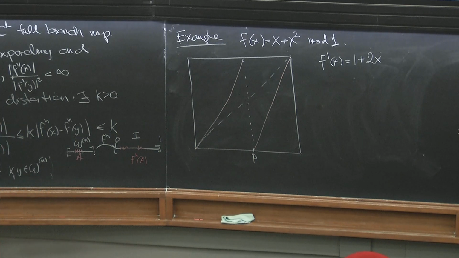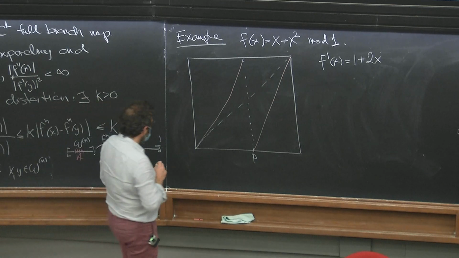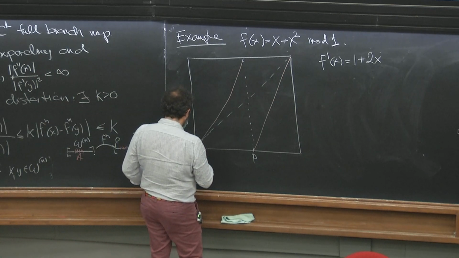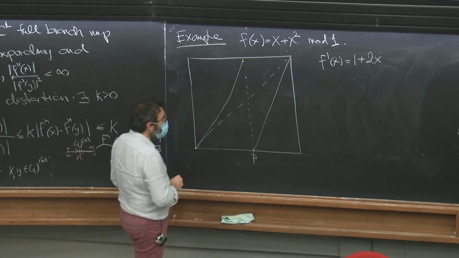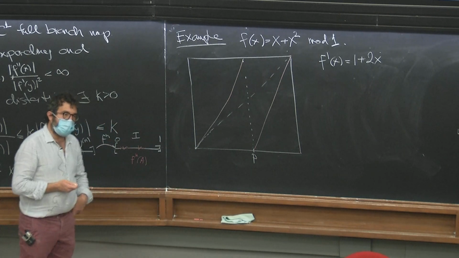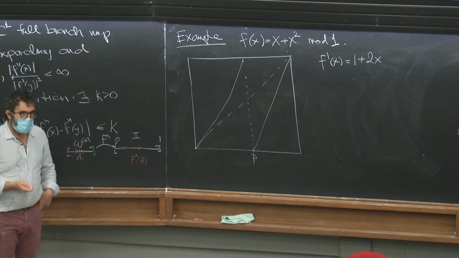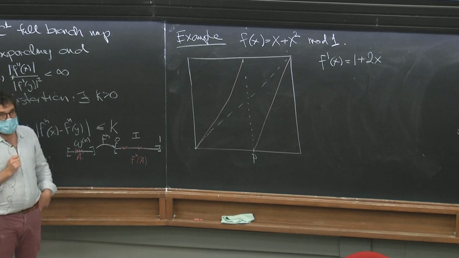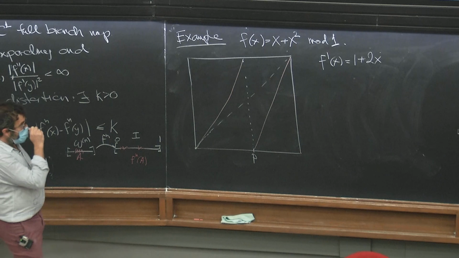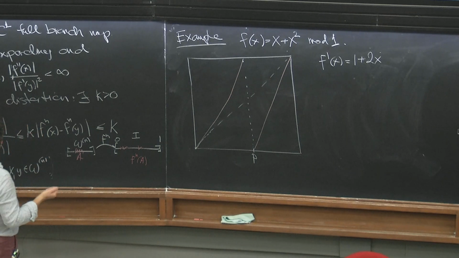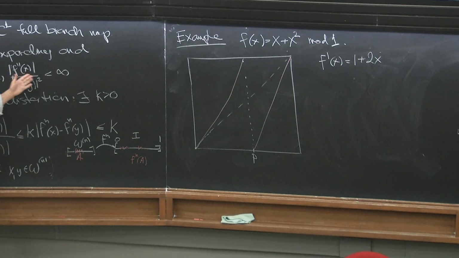I don't think I want to spend too much time on this, but I want to show you a simple example of a full branch map which is almost uniformly expanding, okay? It clearly also satisfies this condition here, because the first and second derivatives are uniformly bounded.